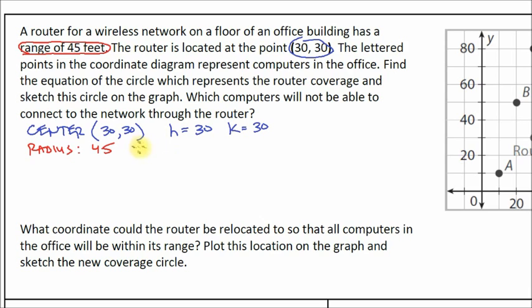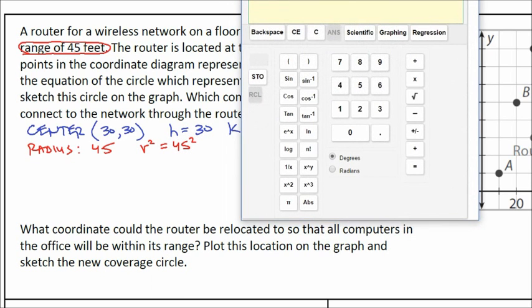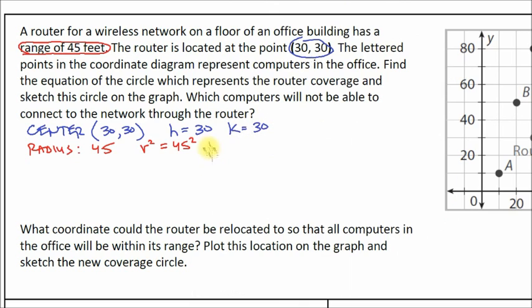Now we're going to need to change that to r squared for our equation. That means r squared is 45 squared. Let's figure that out. 45 squared is equal to 2025. So r squared is 2025, and that's enough information to write the equation.